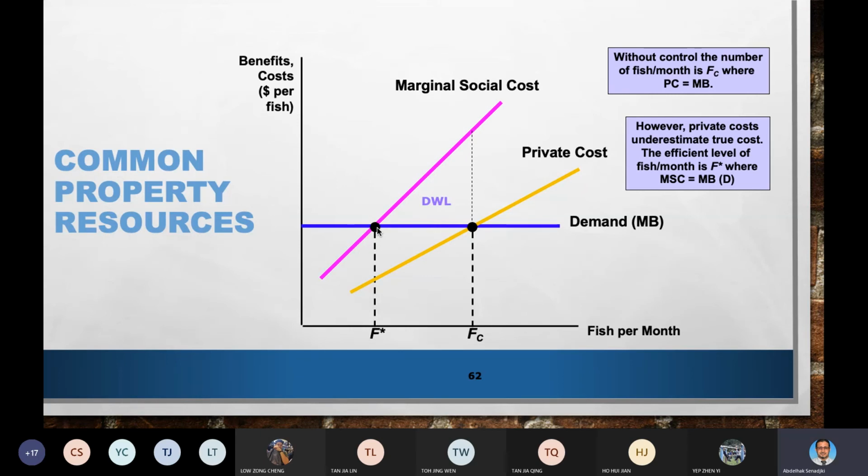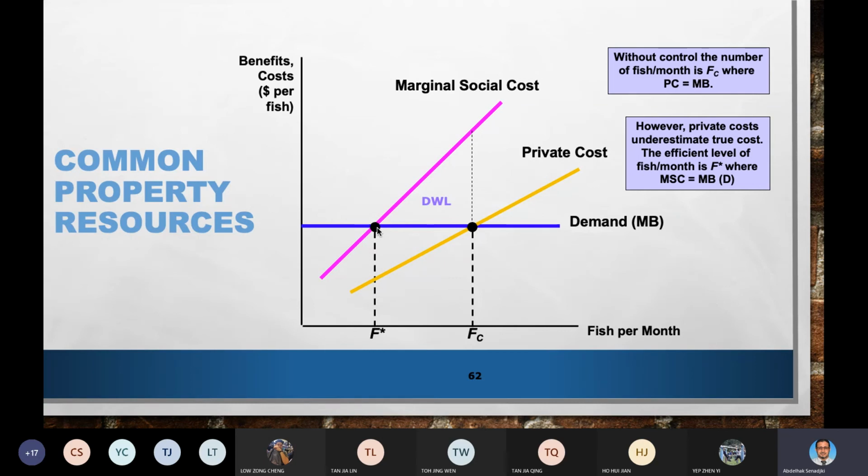Now we compare the efficient outcome with what happens when the lake is common property. That means there is no one controlling or considering the social cost. In this case, the marginal external costs are not taken into consideration, and each fisherman fishes until there is no longer any profit to be made, until the fish finish.